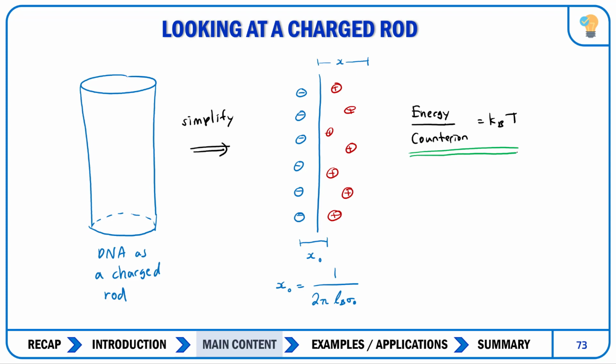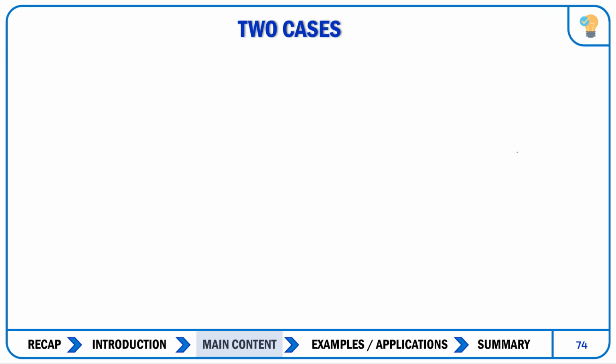So this is just a very, very simple diagram, and right now we're going to take a look at a few different cases to try and make some further predictions and analysis for the energy involved in these processes. So let's take a look at the two cases. We have this whole bunch of negative charges.